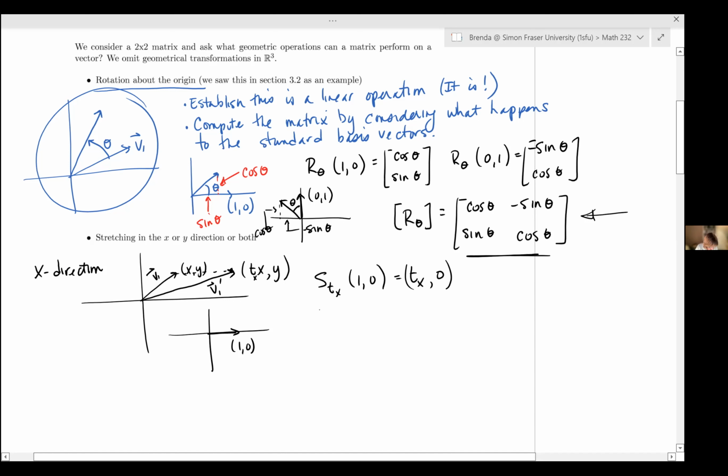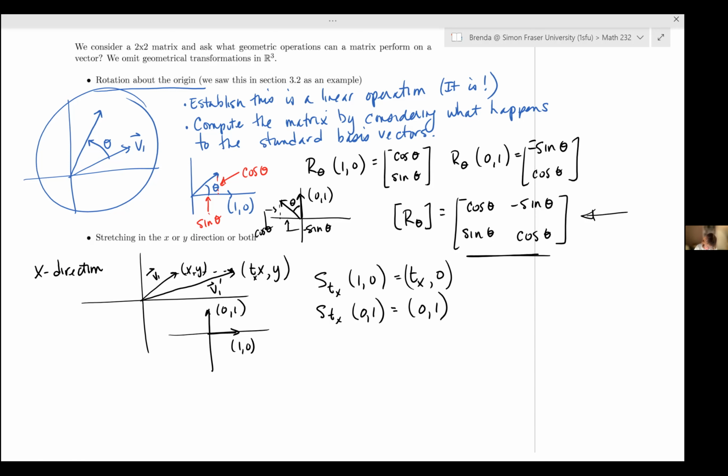I similarly do the same thing with the other standard basis vector in R2, (0, 1). When I multiply 0 by my stretching factor, it stays 0, and I'm not stretching in the Y direction. Okay, so that is there.